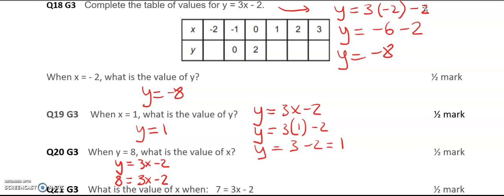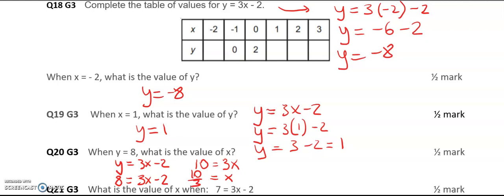So we're going to do the opposite, adding to both sides. If I add 2 to the 8, that's going to give us 10. And adding 2 to the other side of the equation just leaves me with 3x. We'll need to divide both sides by 3. So x is going to be equal to 10 divided by 3. And you can leave it in this form.